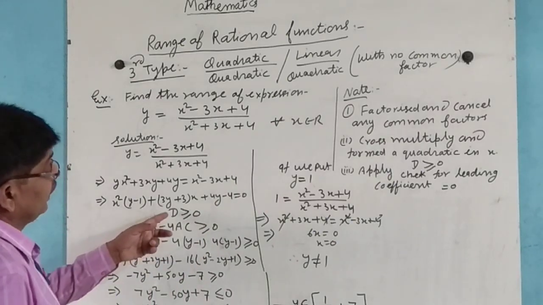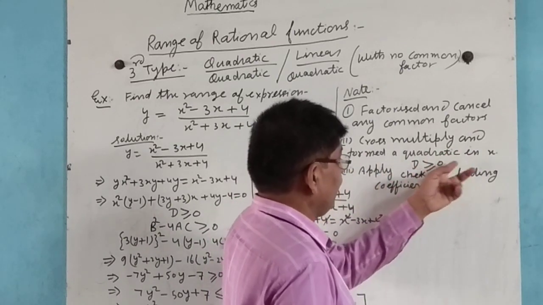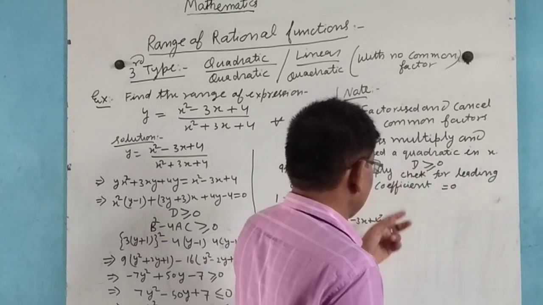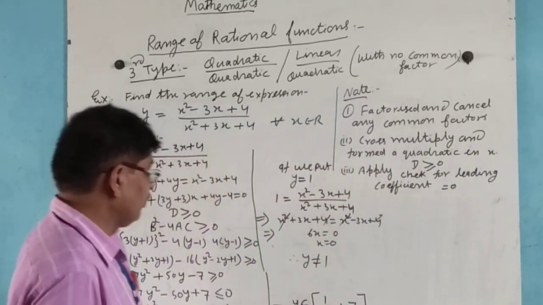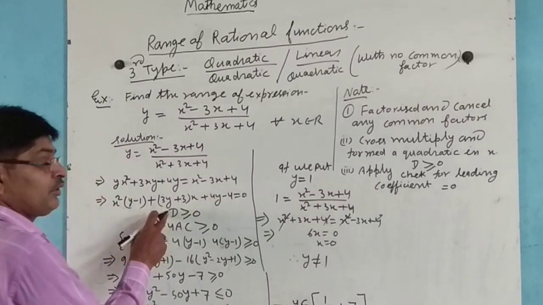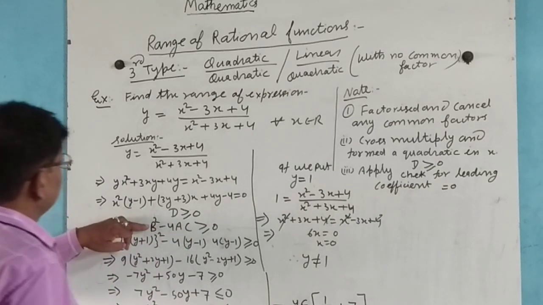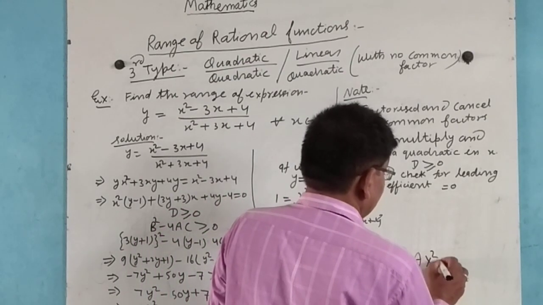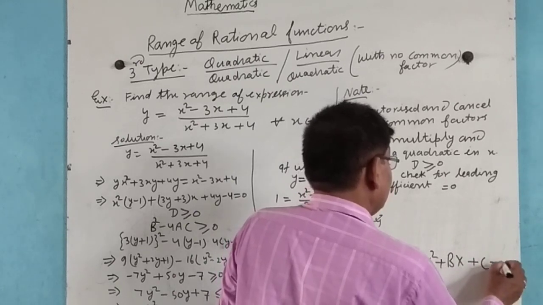Now cross multiply and form a quadratic in x, D greater than or equal to 0, apply. Check for leading coefficient equal to 0. Now D greater than or equal to 0, D means b square minus 4ac, here we compare with ax square plus bx plus c equal to 0.